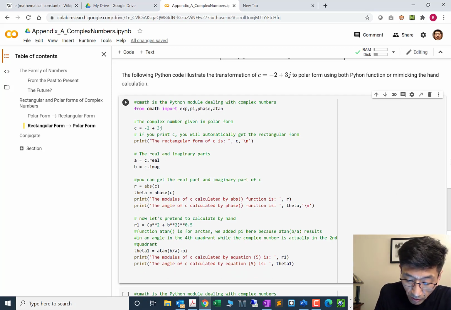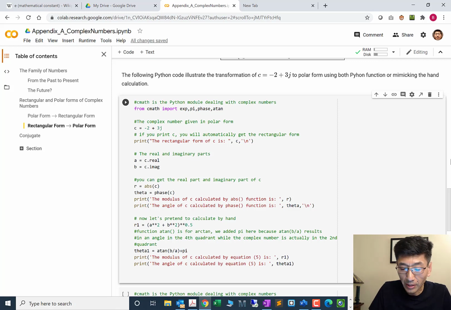First, I imported cmath, the module that deals with complex numbers in Python, and the phase function. The phase will take an angle correctly, no matter which quadrant it is. So this is the Python internal one.